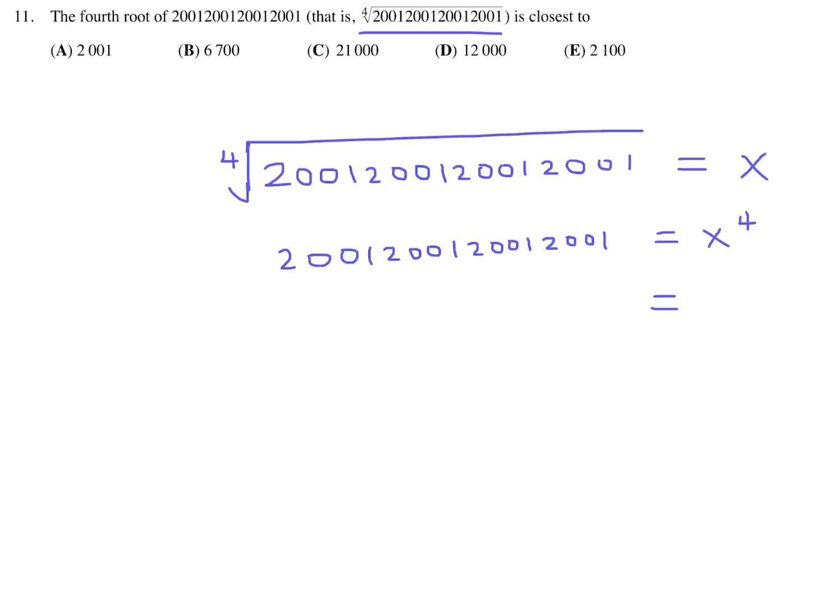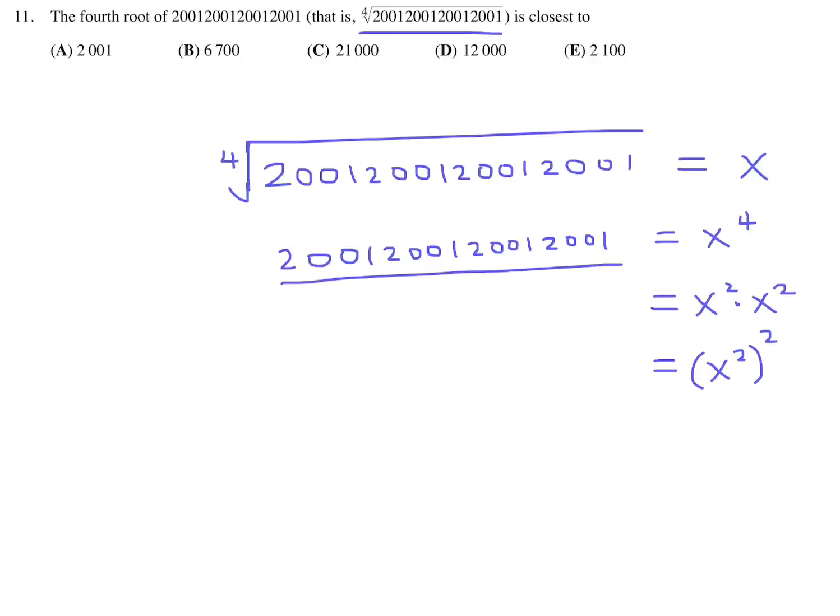Now x to the fourth is x squared times x squared. So you have to basically have 2 numbers that when you multiply them together will equal this big long number. So to get each of them, you would have to write it like this. I hope this is a little bit more intuitive.